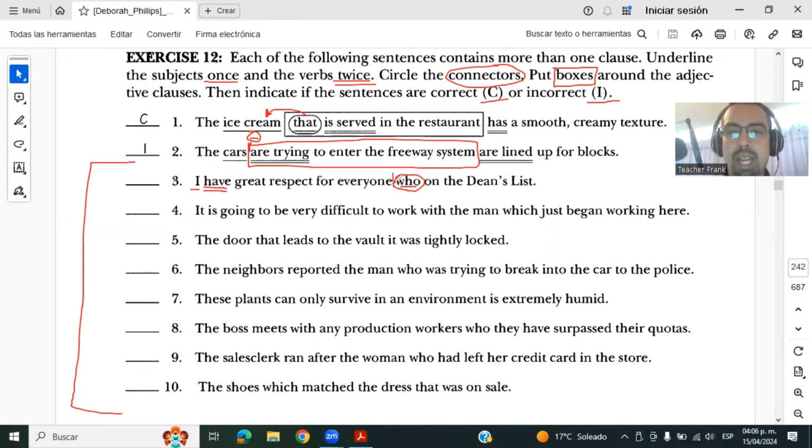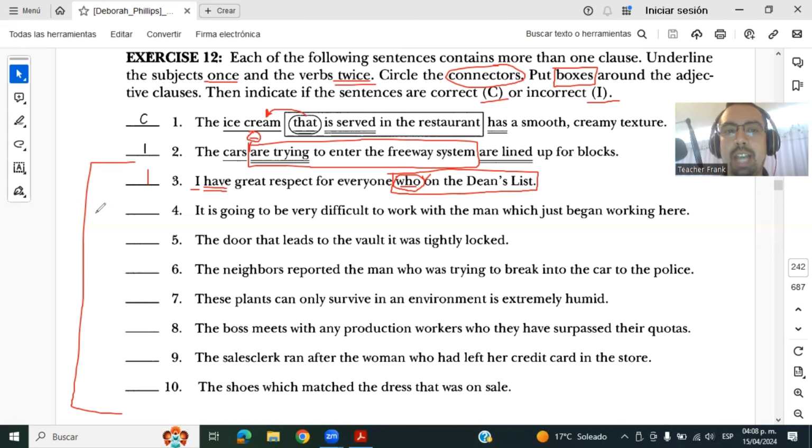So I'm describing everyone, right, who on the dean's list, but what is the mistake here? Exactly. We don't have a verb, right? It's a missing verb, so this one's going to be incorrect due to missing verb. Who is on the dean's list? It could be. Okay. So yeah, this one's going to be incorrect.